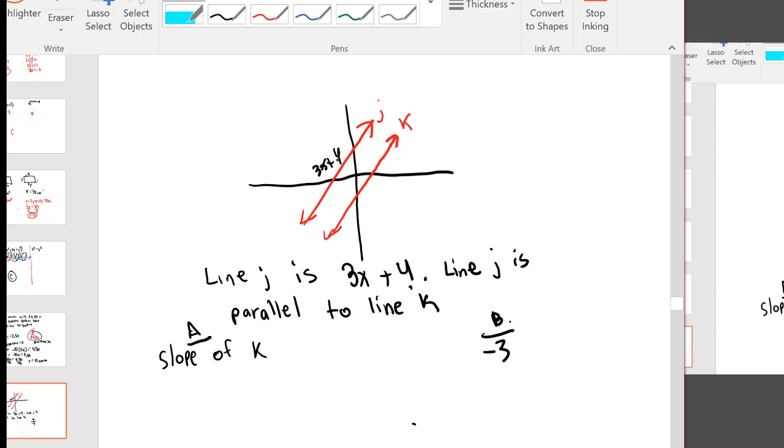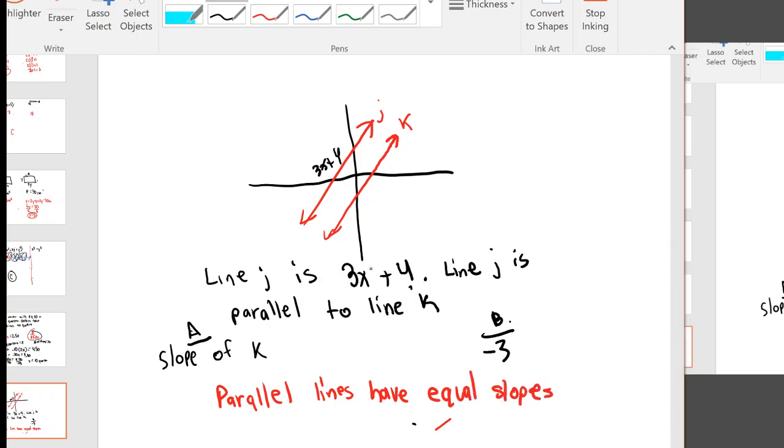So if I have line J being parallel to line K, one thing that a lot of teachers don't teach is the relationship of slope between parallel lines. Parallel lines have equal slopes.